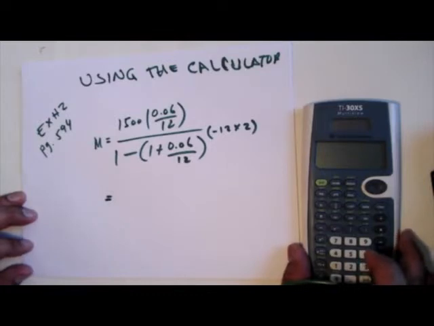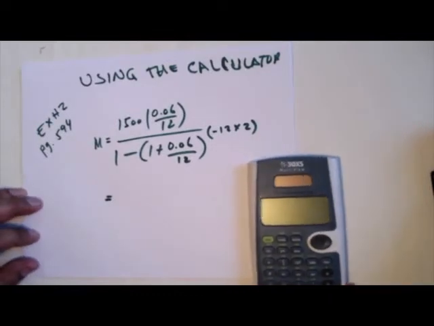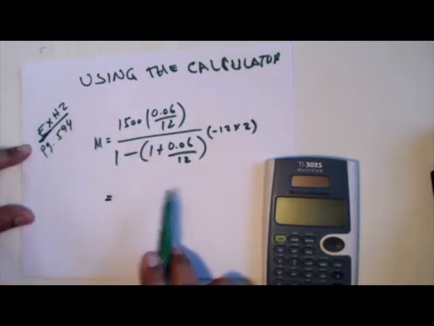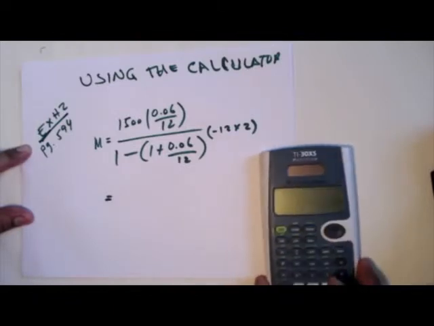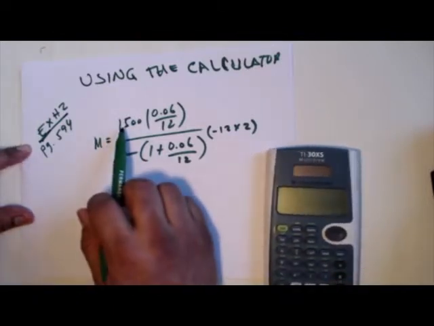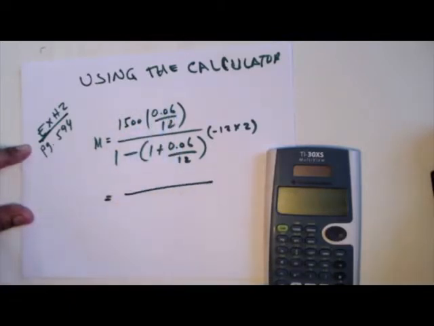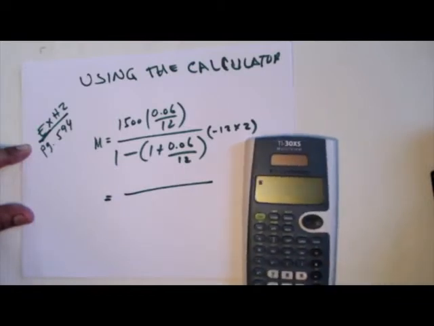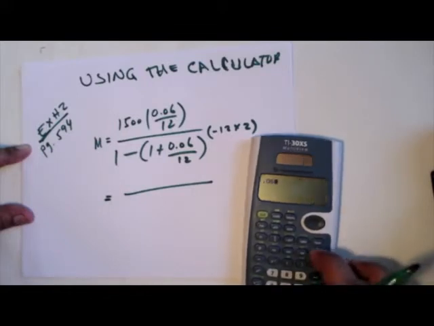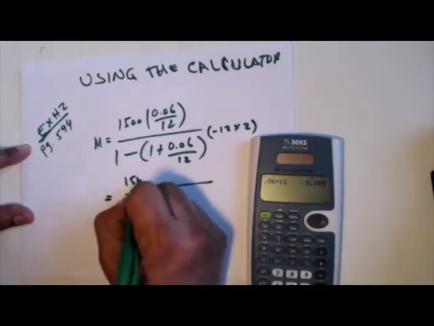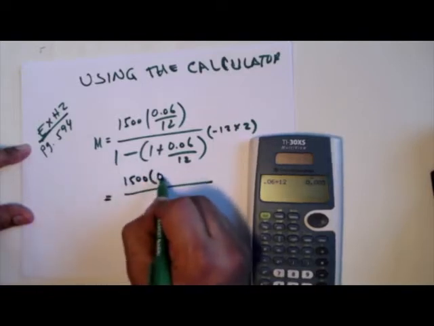We're going to use the calculator to solve this problem that we encounter in example number 2. We're going to spend some time using the calculator. So we multiply 1,500 times 0.06 divided by 12. That is equal to 1,500 times 0.005.